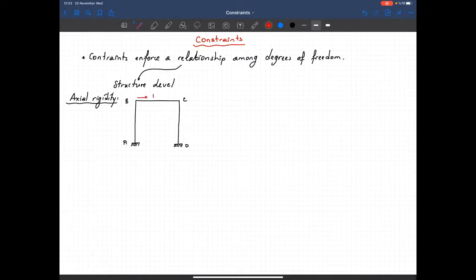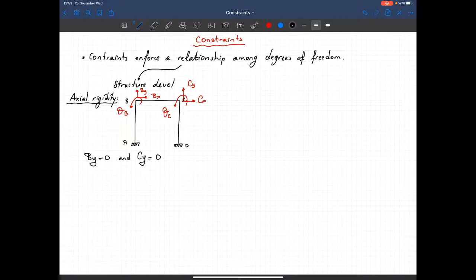I got Bx, By, theta B, Cx, Cy, and theta C. Okay, so in order to impose the axial rigidity condition, we said that By is equal to 0, and also Cy is equal to 0.